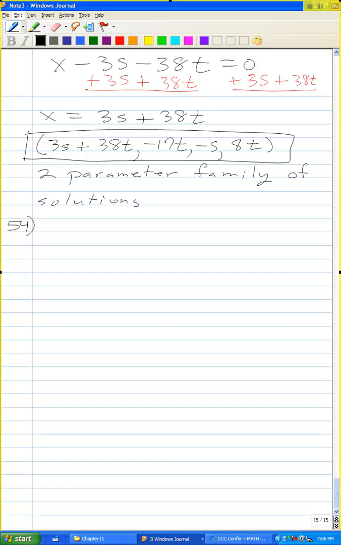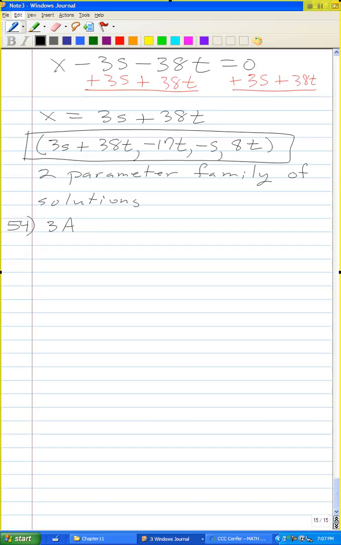So let's call A the number of units of type A, B the number of units of type B, C the number of units of type C. And so type A has 3 units of fat.